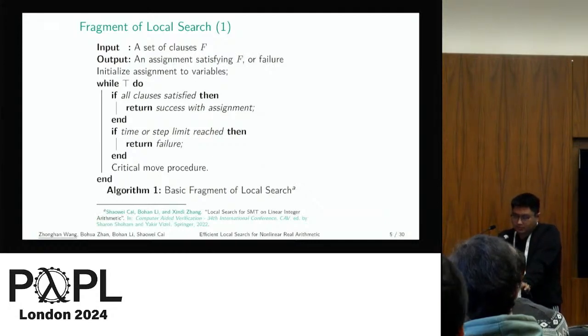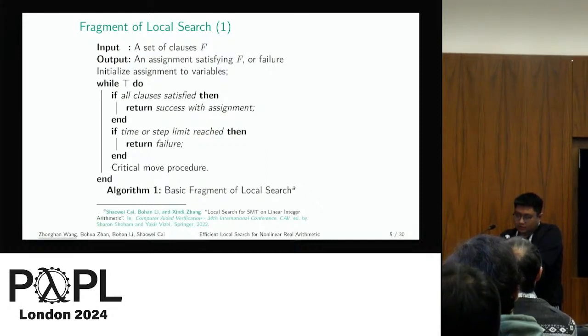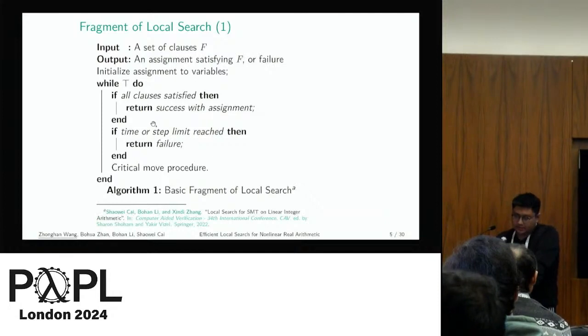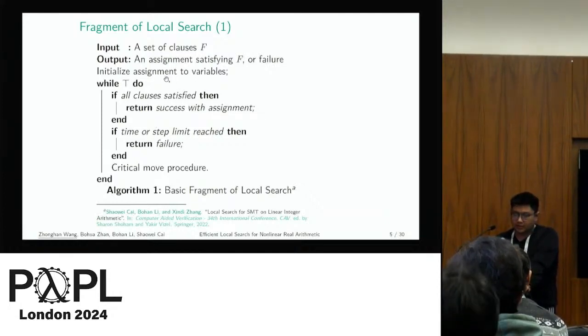This frame introduces the framework of local search, and if you are familiar with the local search algorithm, you can find that it begins with the initialization of the assignment. In this step, we initialize the arithmetic variable to 0 if the lower bound and upper bound contain the 0.